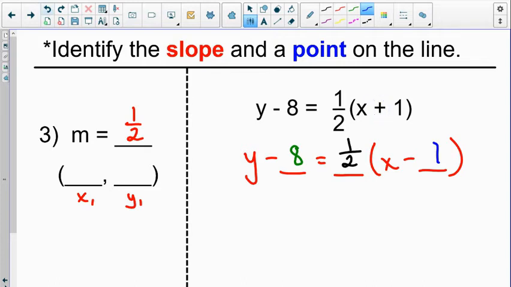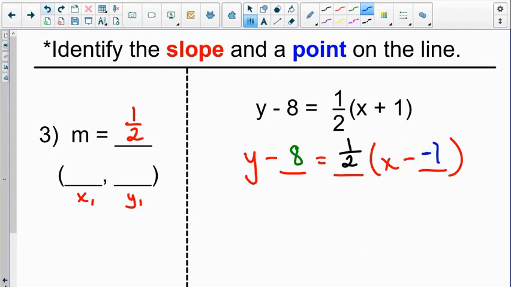Well, hopefully you remember through my hints on the last two examples, the only way that happens is if we have a double sign here. So instead of x minus 1, we really want to think of it as x minus negative 1, because that's how these two signs together would change it to a plus.